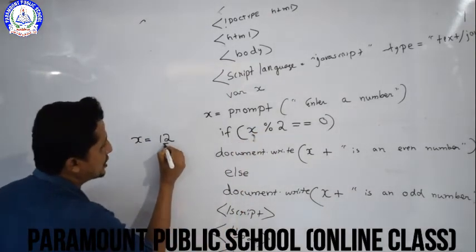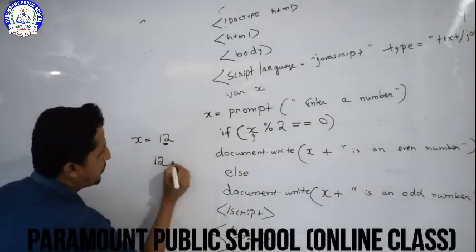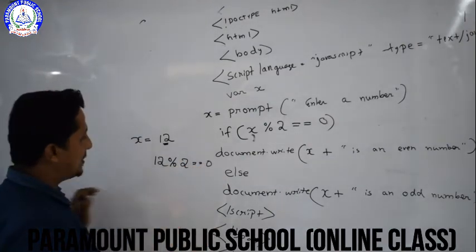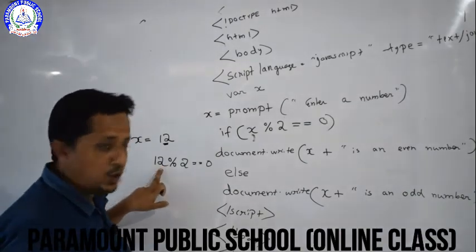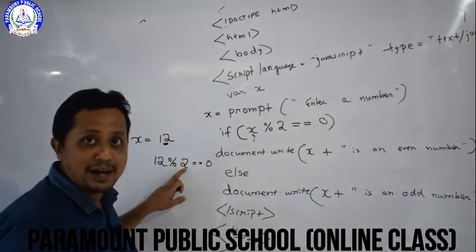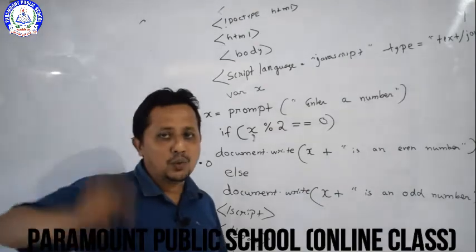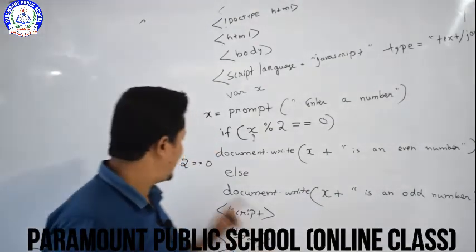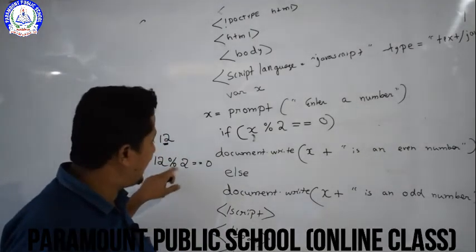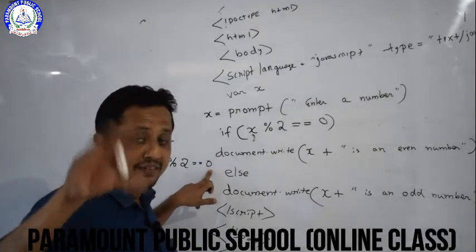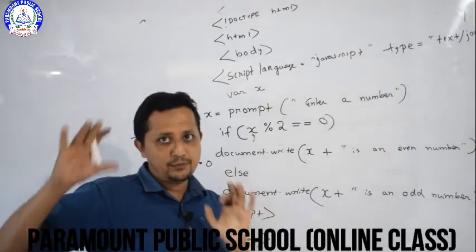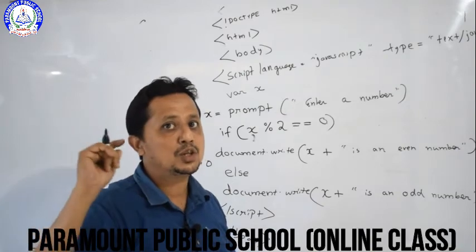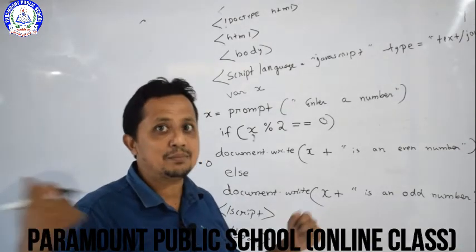The value of x is 12. 12 modulus 2 equal to 0 means that when 12 is divided by 2, we find the remainder, and the remainder is equal to 0. If we divide any number by 2 and the remainder is 0, this is an even number.